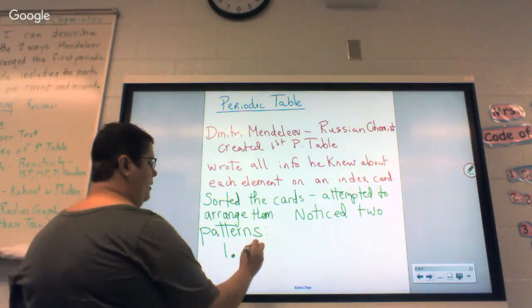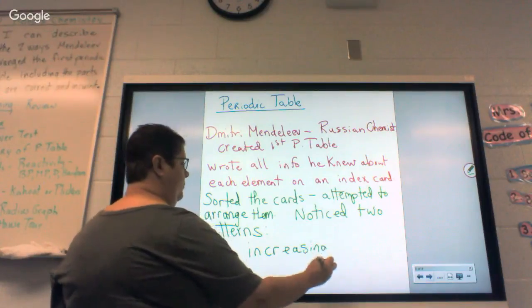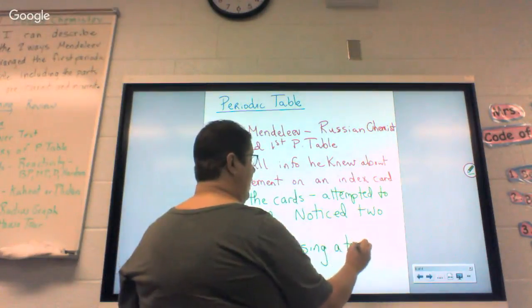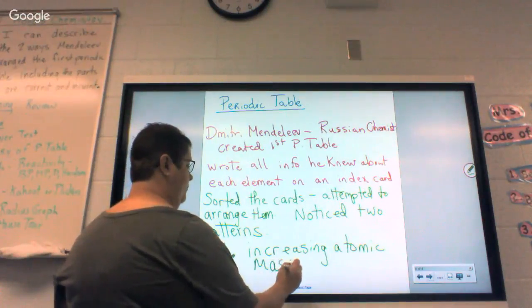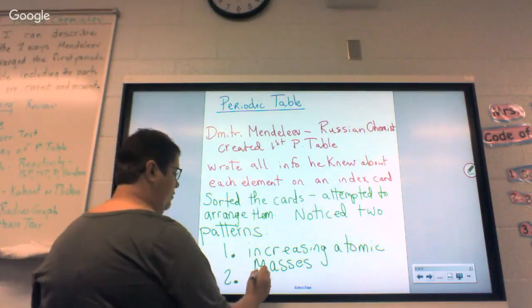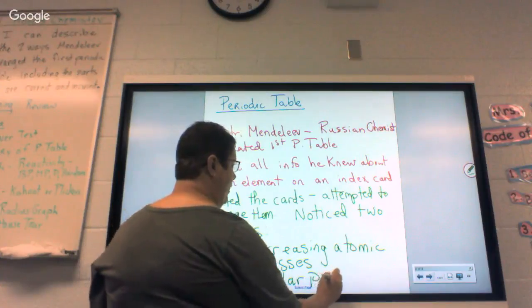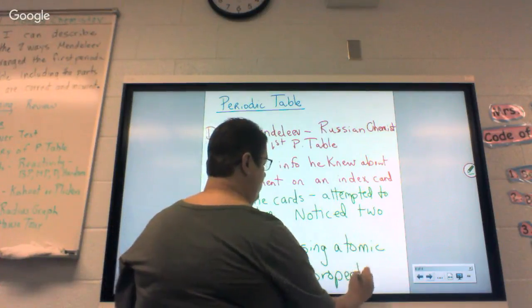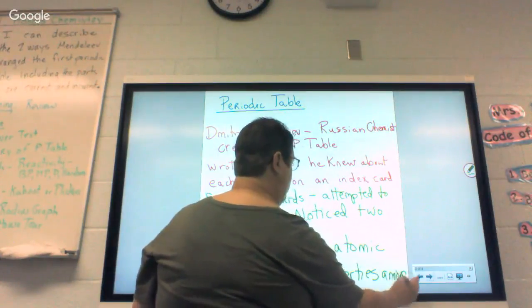One, he noticed increasing atomic masses, and two, he noticed similar properties among elements.